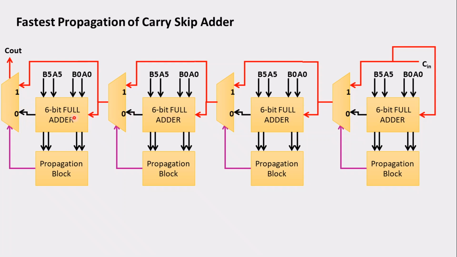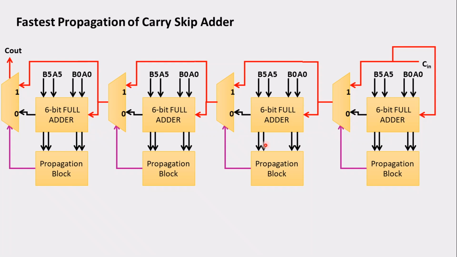So total computational time will be 4 nanoseconds. But in the fastest case of carry skip adder, all these blocks are executed parallelly, so the computational time will be only 1 nanosecond.